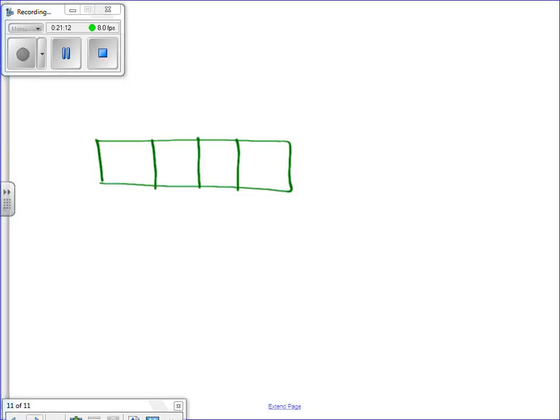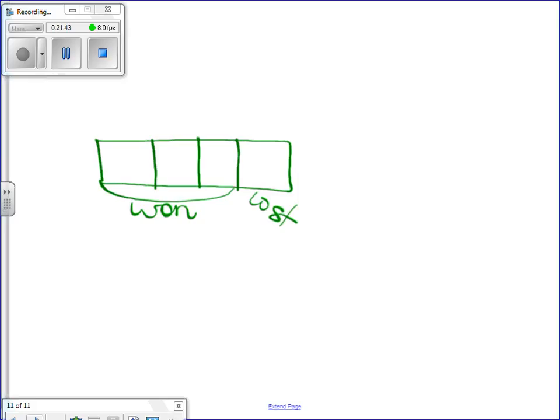Fourths. It tells me 3/4, so I know that my tape diagram needs to have 4 sections. It tells me that they won 3/4. This is what they won, so this is what they lost.